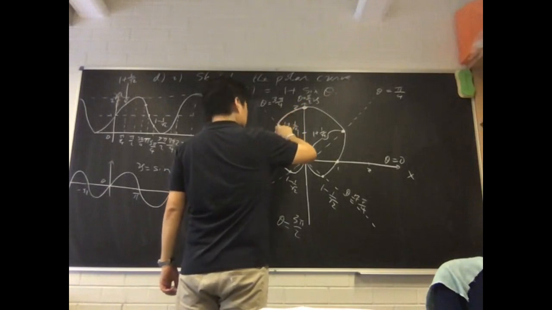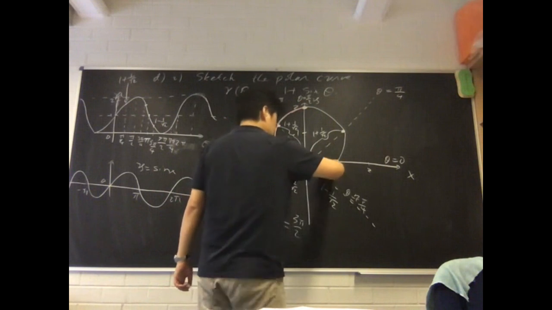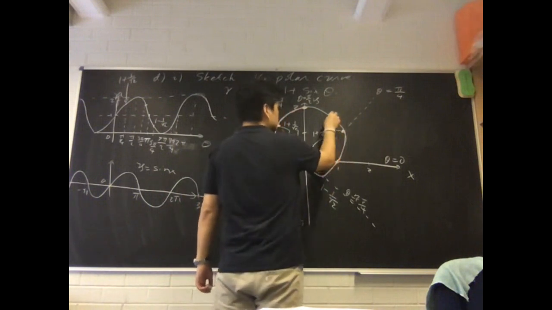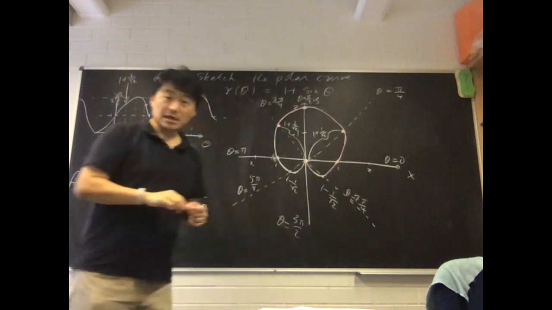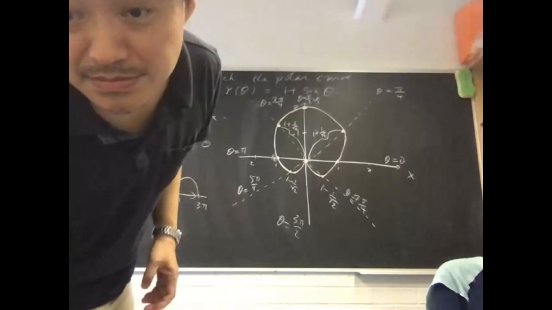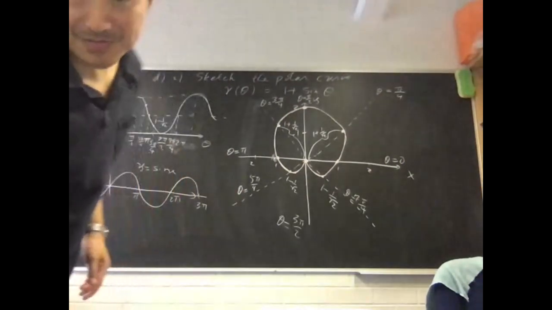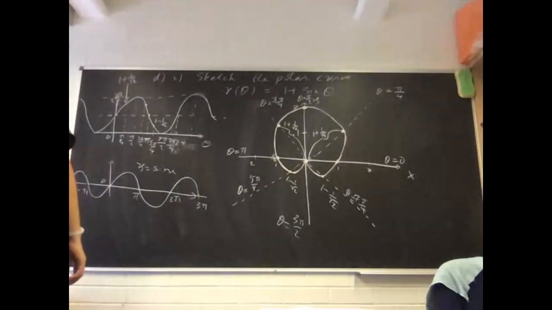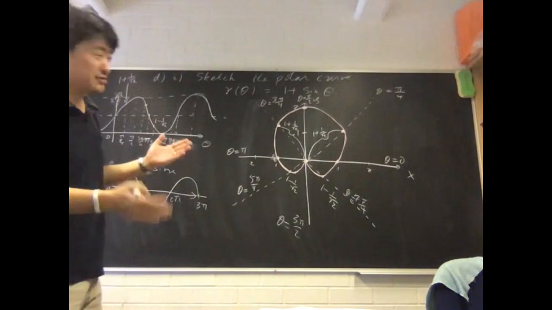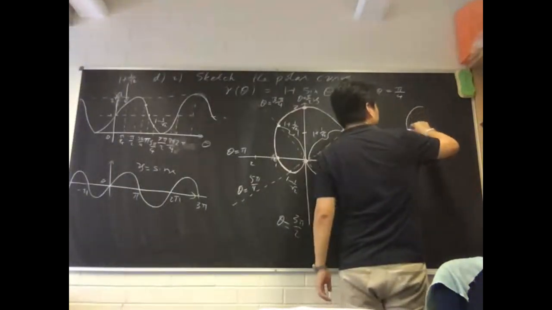Use red here. Yeah, right. Precisely. So it's sort of like the cross-section of a peach, right? That's basically the picture.